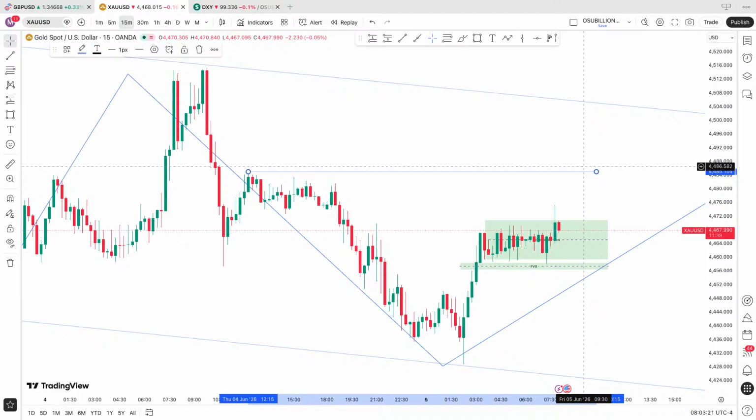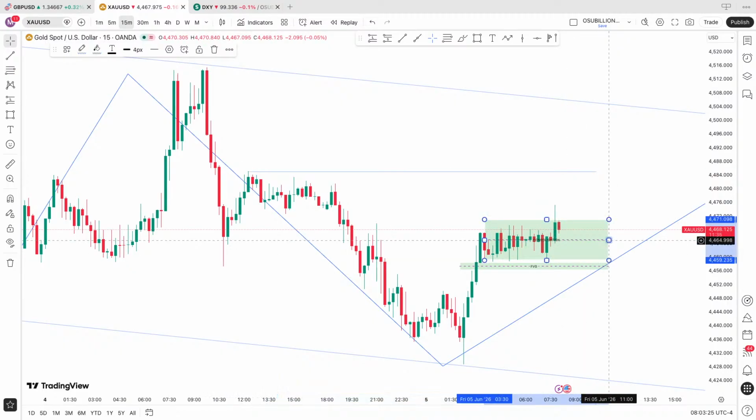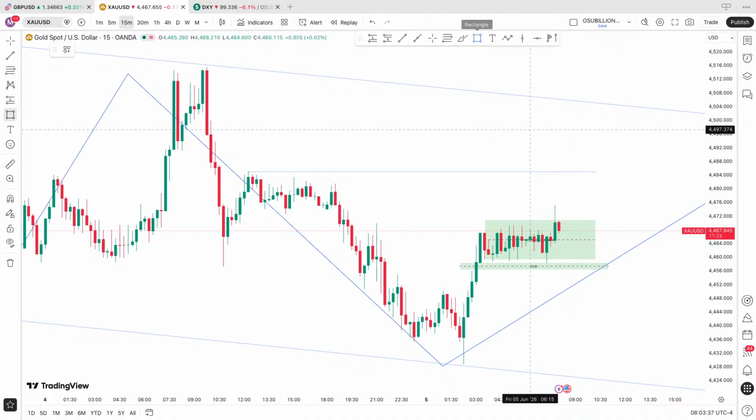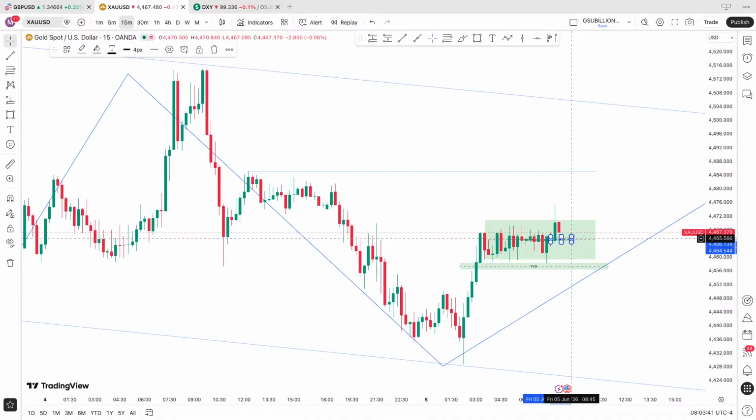Yes. So we should note that based on the consolidation that we have here, we also have a bullish fair value, bullish order block here. So based on that bullish order block that we are seeing here, it is possible that it will touch it and then bounce back onto the upside.